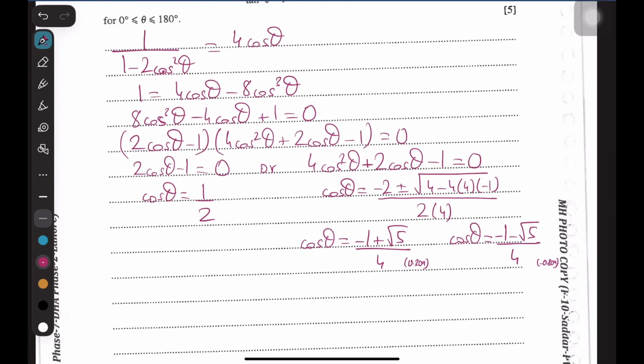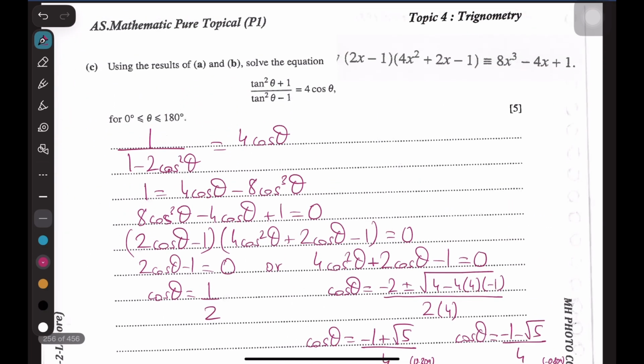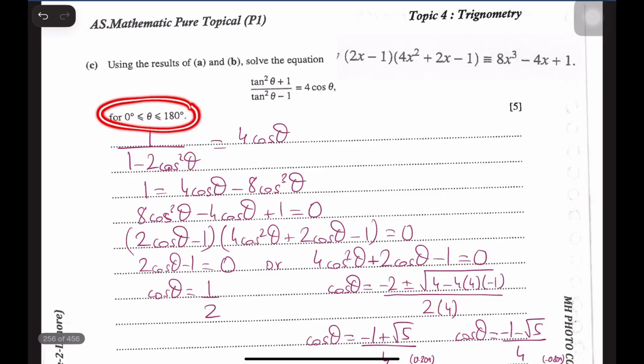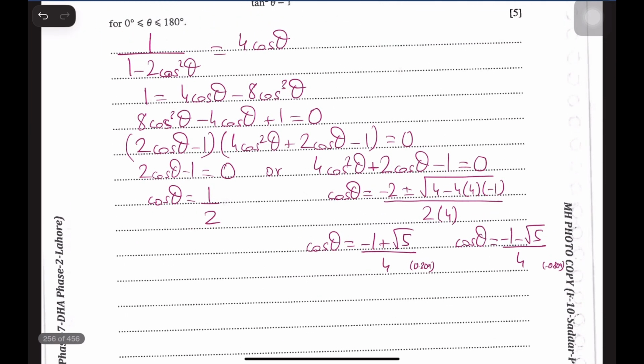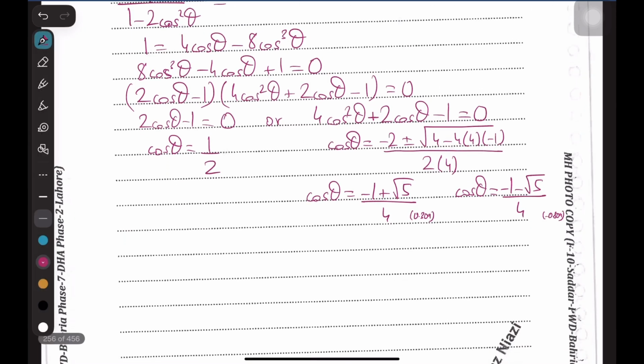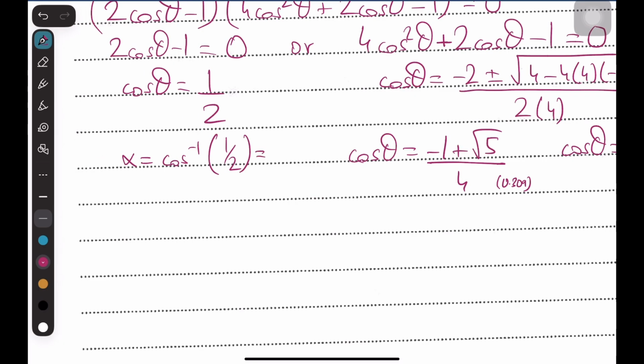So we have 3 equations of cos, and our range is given as 0 till 180. So remember that your calculator should be in degree mode because it's degrees given as the angles over here. So let's first solve cos theta equals half. The basic angle will be cos inverse half, which is equal to 60 degrees.